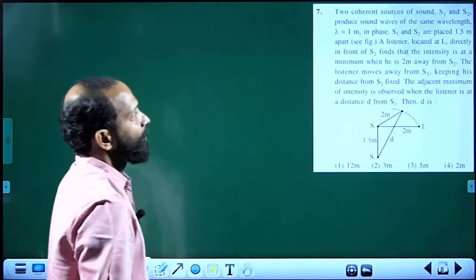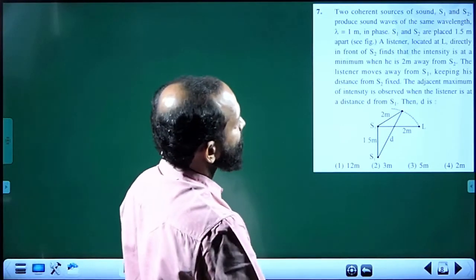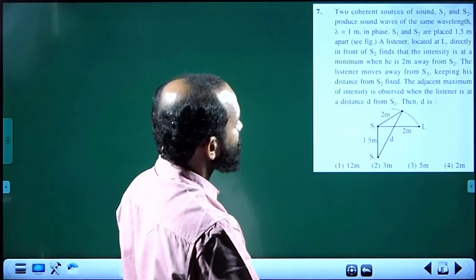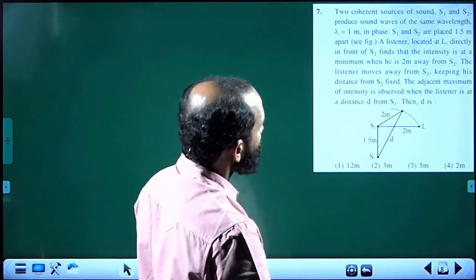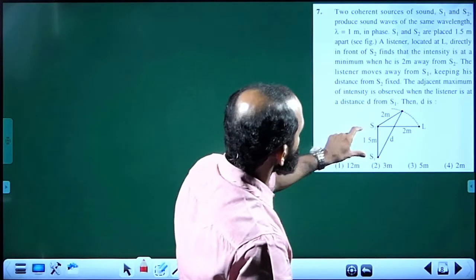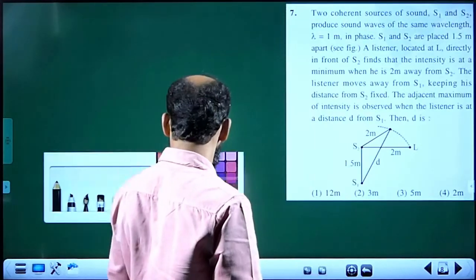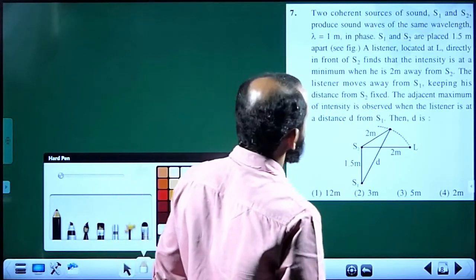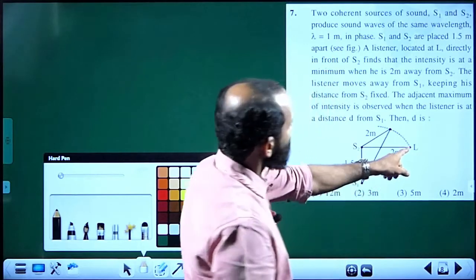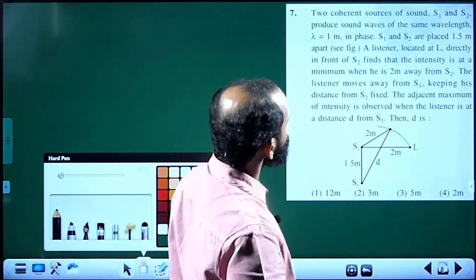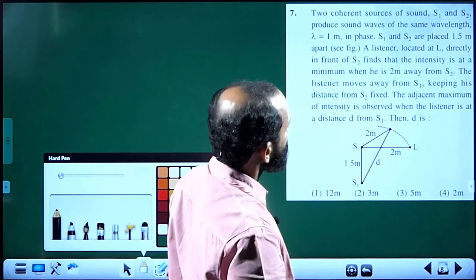Next one. Two coherent sources of sound S1 and S2 produce sound waves of the same wavelength lambda equal to 1 meter, in phase. S1 and S2 are placed 1.5 meter apart, as shown in the picture. A listener located at L directly in front of S2 finds that the intensity is minimum.